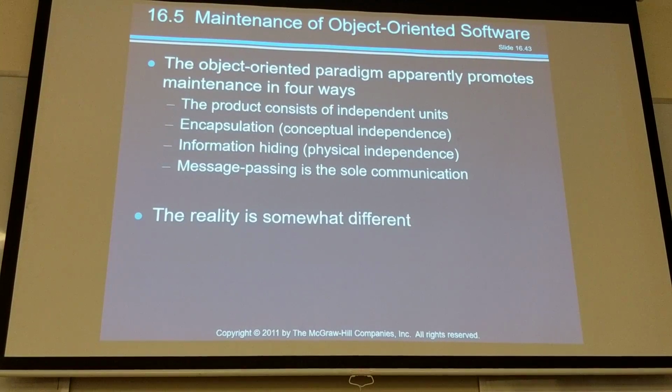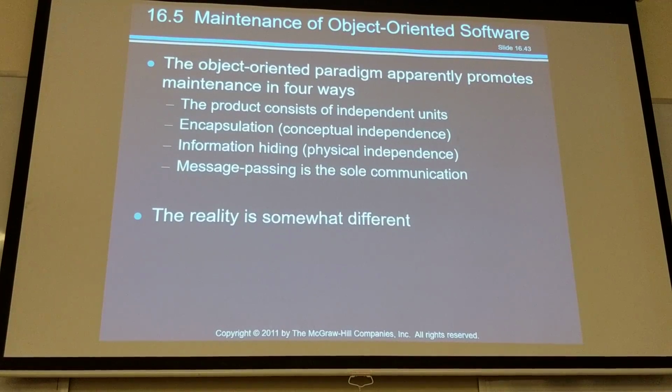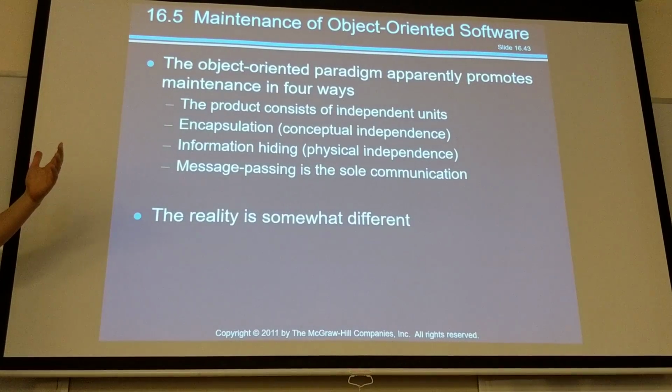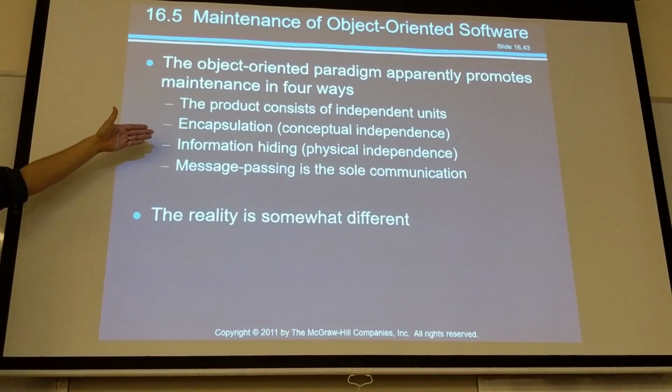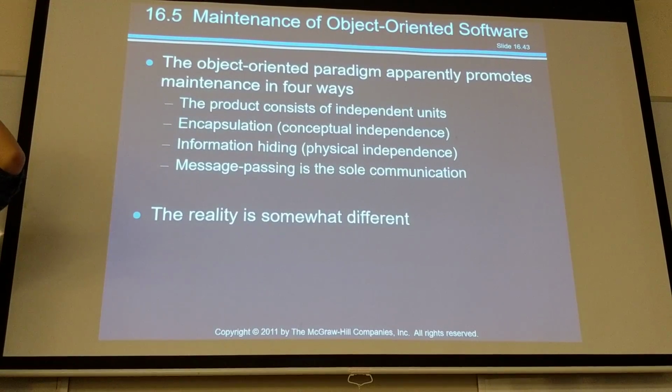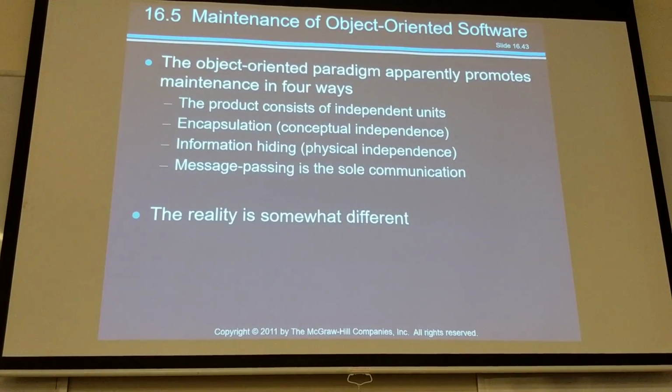Okay, let's see, in terms of object-oriented software, what do we need to be concerned about? In terms of maintenance, the product consists of independent unit objects, right? Encapsulation is good. Conceptual independence, when you put the data you want to keep and the methods of operations on these data in the same place.